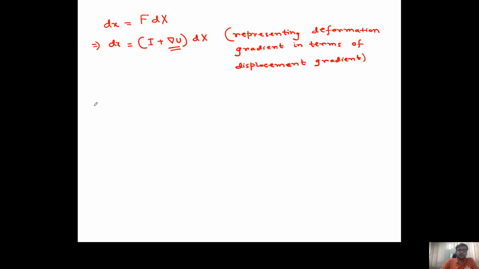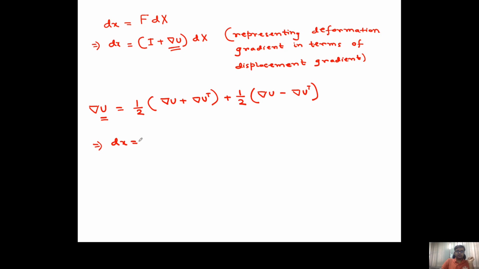So grad of u, we represent it as half of grad of u plus grad of u transpose, plus half of grad of u minus grad of u transpose. We take this and substitute it into the equation.